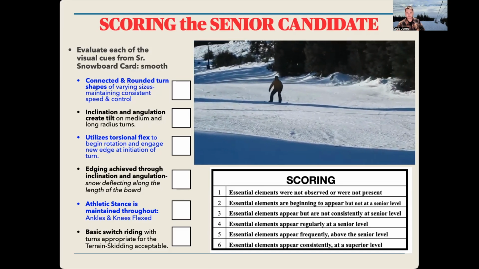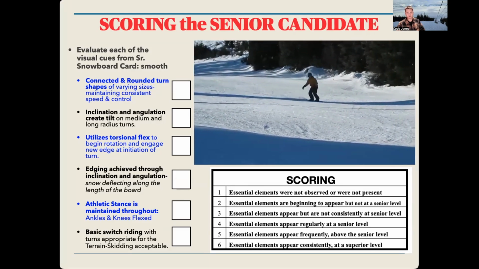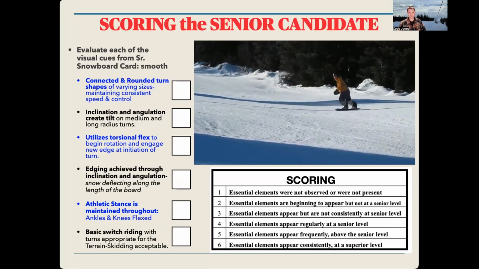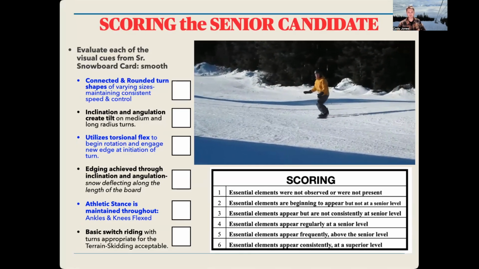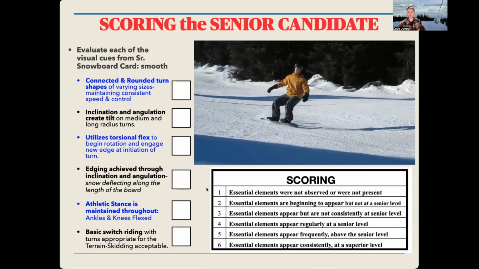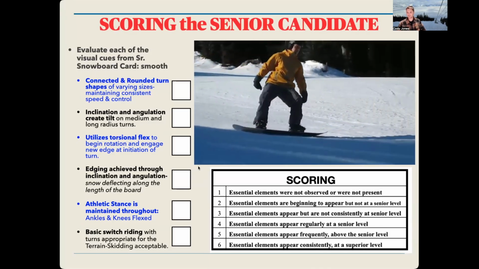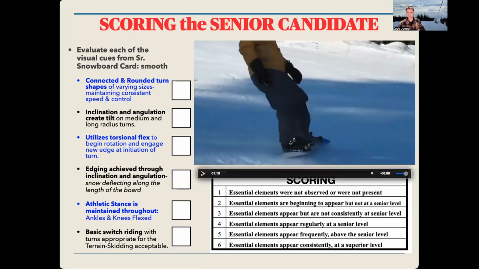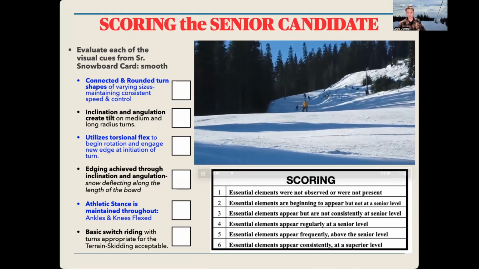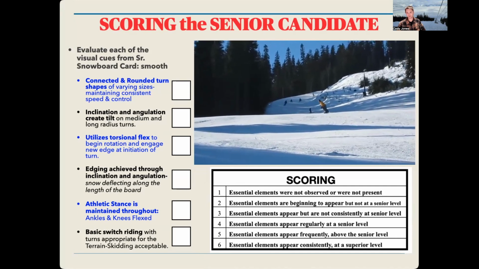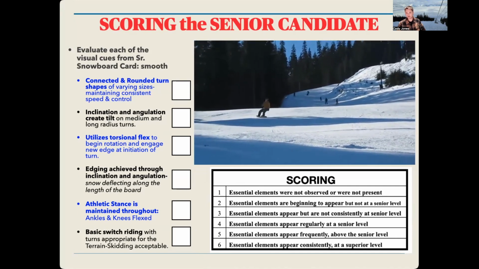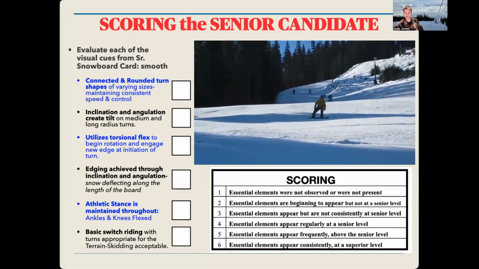So I would rate this a 2. Utilizing torsional flex to begin rotation and engage the new edge at the initiation of the turn. I think as we talked about in the evaluation phase, they're doing a lot more with initiating with the upper body and kicking that edge around than they are with relying on that torsional flex.